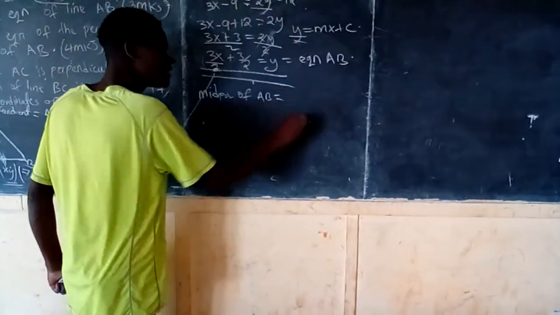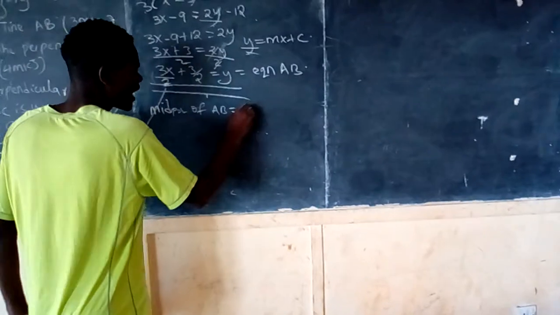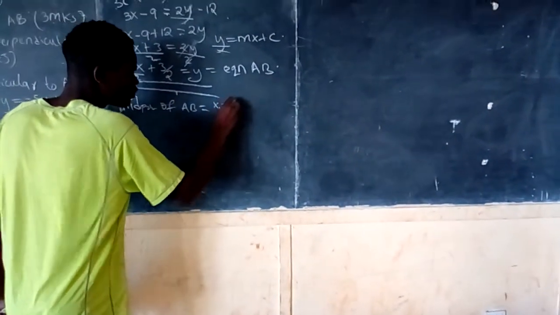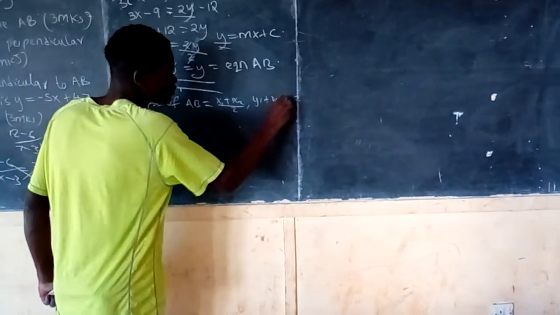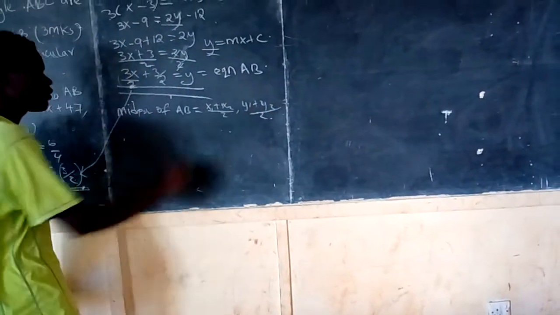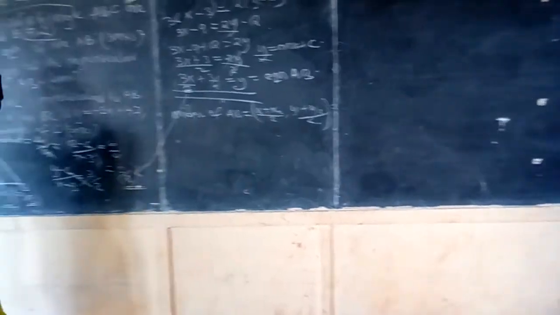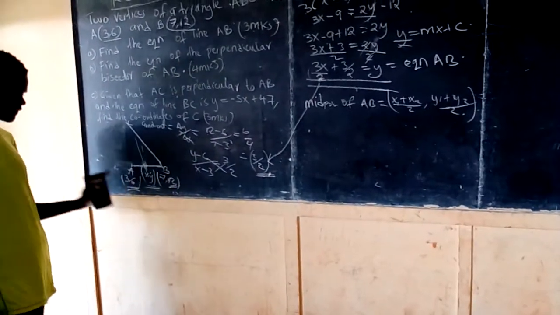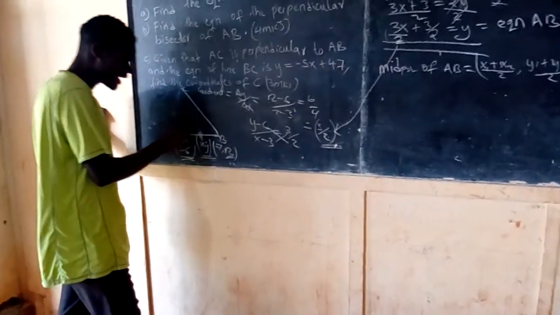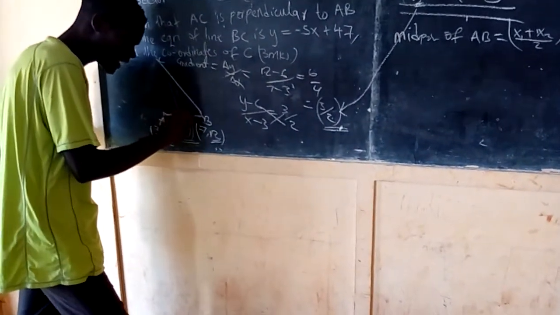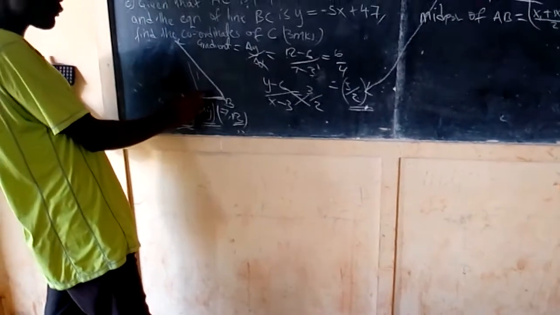The midpoint of AB is given by (x1 plus x2 over 2, y1 plus y2 over 2). Now, what is x1 plus x2? x1 is this point, because we are finding the midpoint of line AB. The midpoint is a point at the middle.